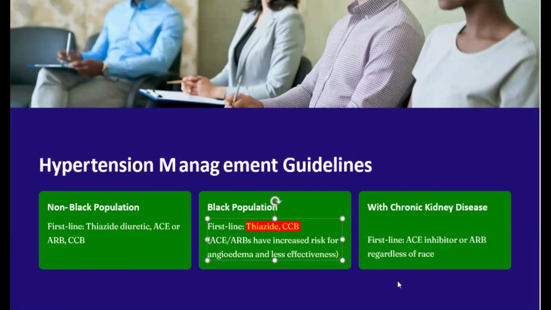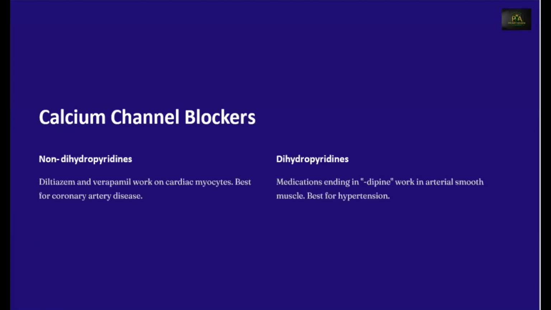Okay, less than 140/90. So for these people, you are going to add ACEs and ARBs. Very important for them, because it protects the kidney. So you add ACEs and ARBs for them because it protects the kidney. So that's very important. Then the calcium channel blocker, I mentioned it before.